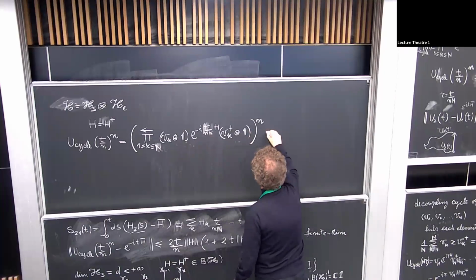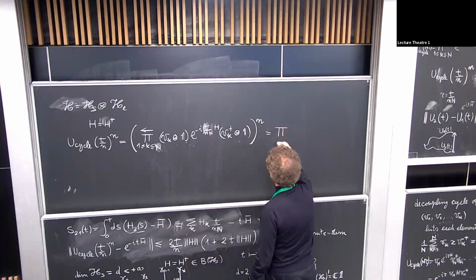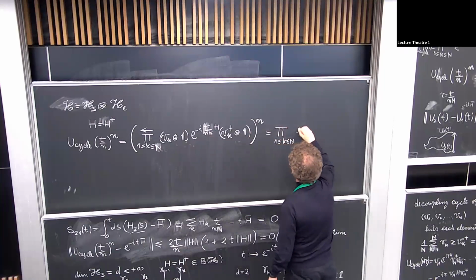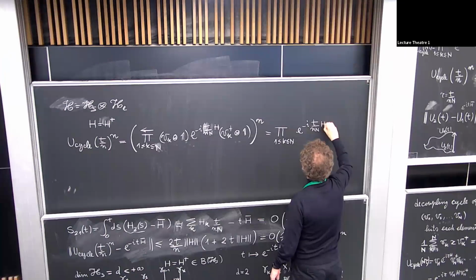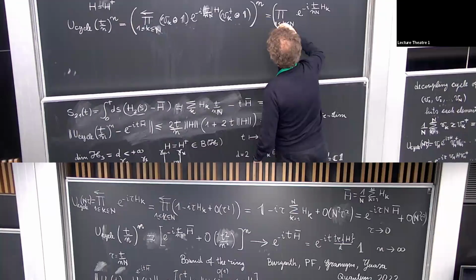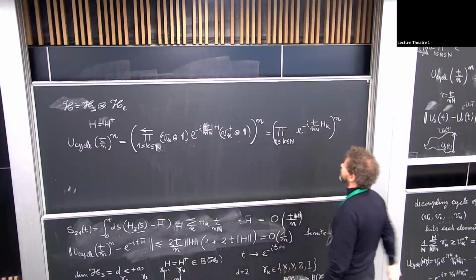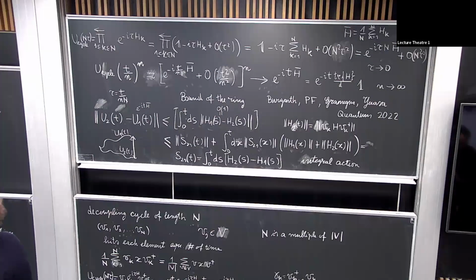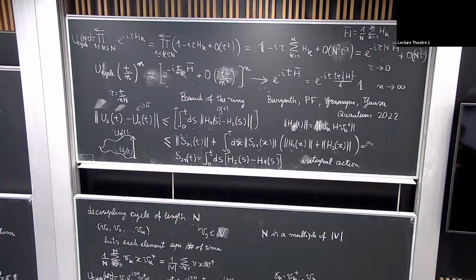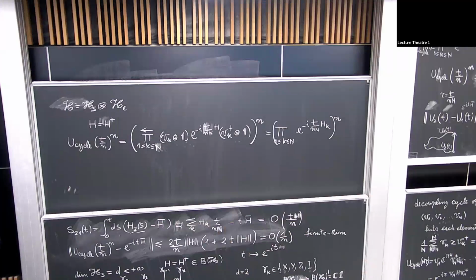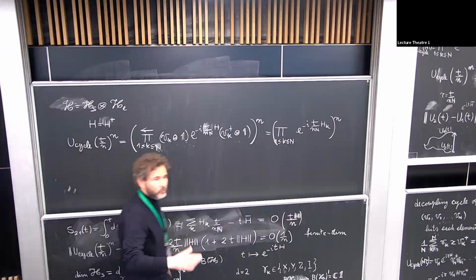And so I get H_k to the power n. Now the question is, does this limit exist? And if it exists, what is the limit? And a more difficult question: what is the convergence rate to the limit?